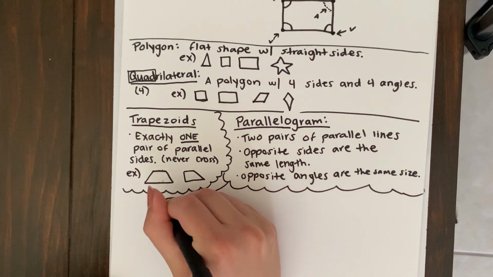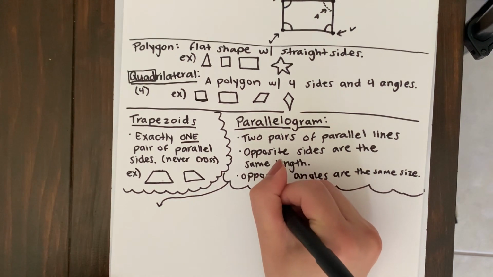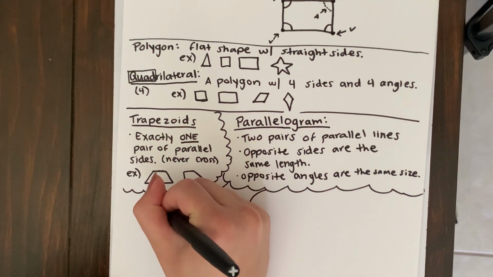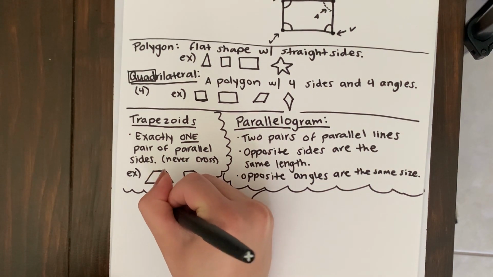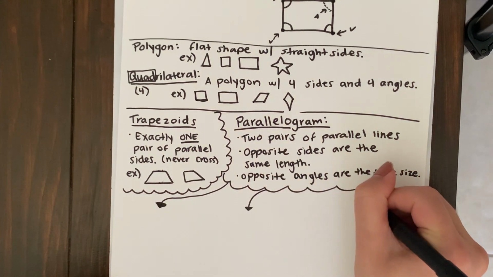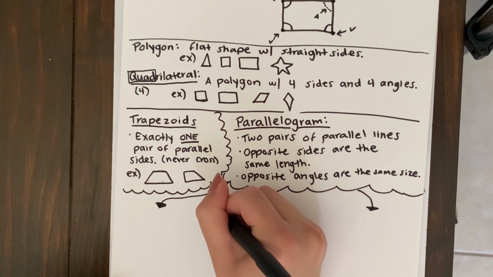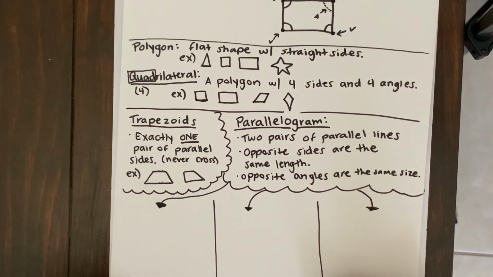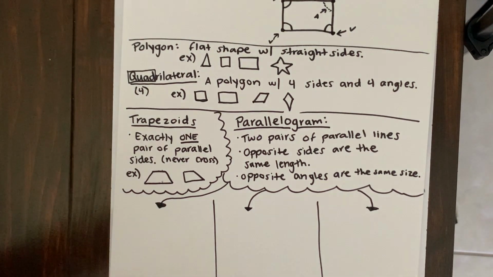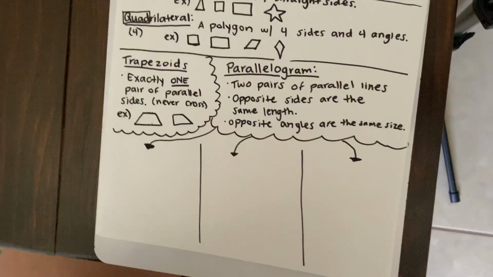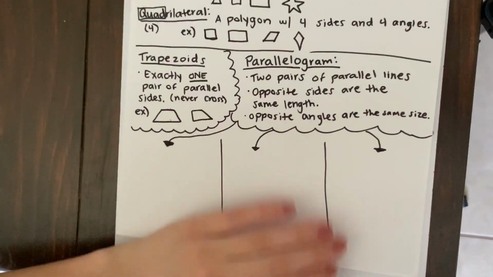So I'm gonna do like a 1, a 2, and a 3. I'm gonna kind of divide it out so that I've got some good space, okay? So the 3 types of parallelograms, let me move it so that you can see.